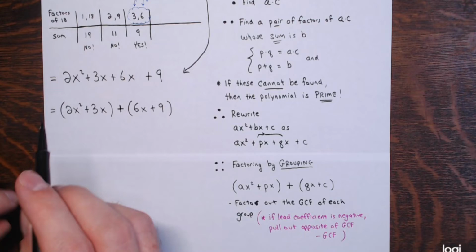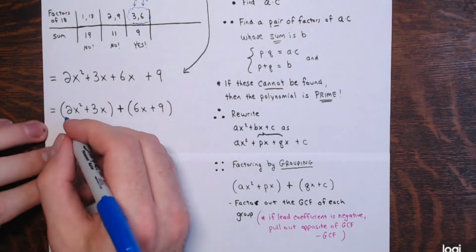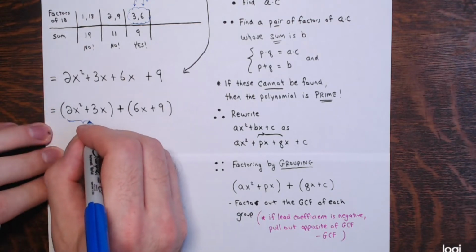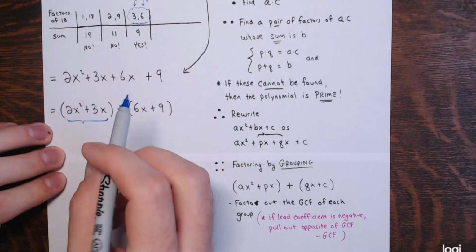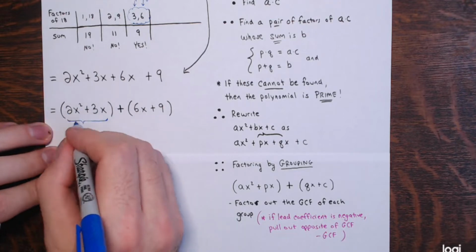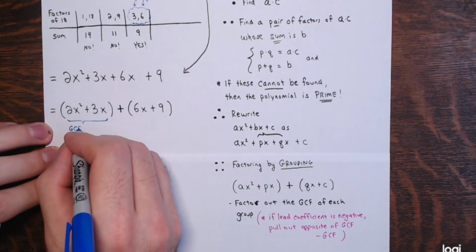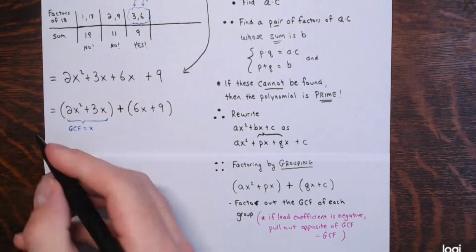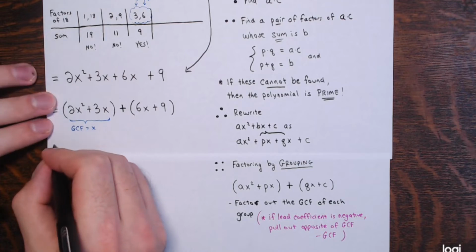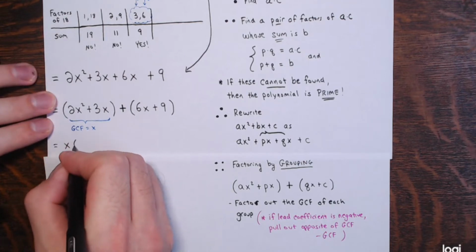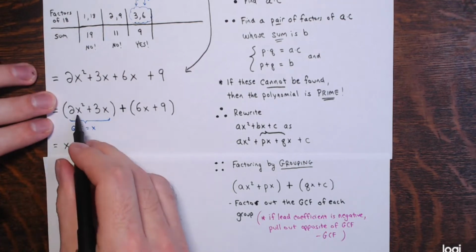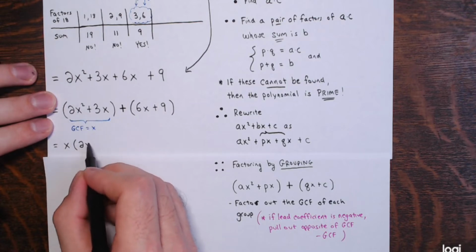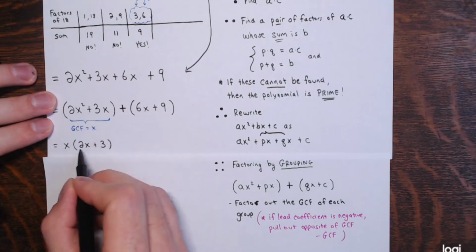Alright, so for this first group, I'm hoping you remember how to find the greatest common factor of a couple terms. For 2x squared and 3x, the greatest common factor is just x. Alright, so I pull that out. So this is equal to x times, and then remember what's left over when you remove x would be 2x plus 3. Alright, so there's the first product.